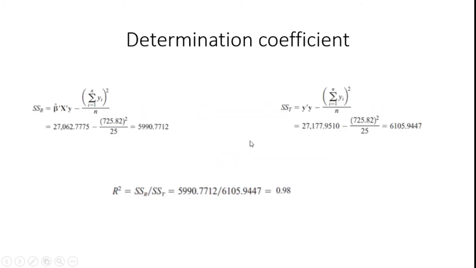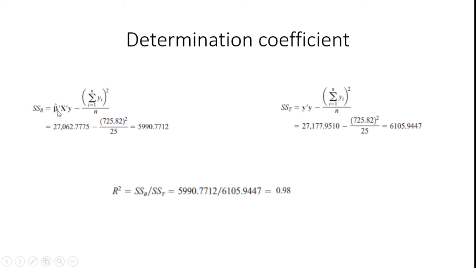Before that, I have to identify the determination coefficient and determination ability of the considered equation. For that reason, I identify SSR and SST, because the R squared value is the curve fitting value. R squared is equal to SSR by SST, which is known as the determination coefficient. For this, I identify the SSR value.